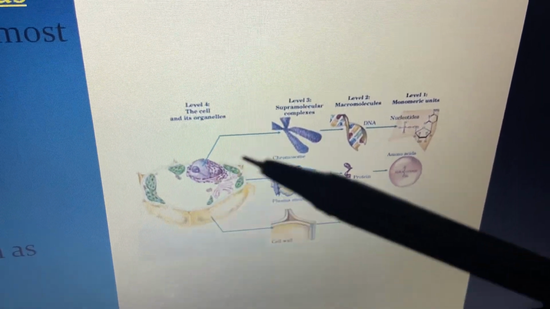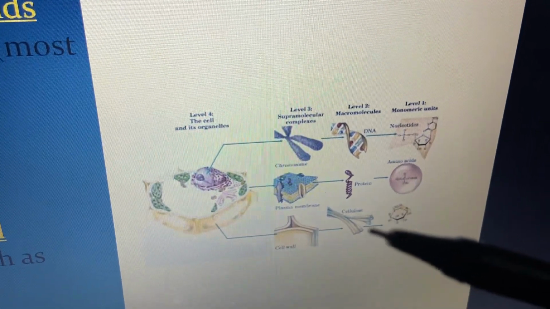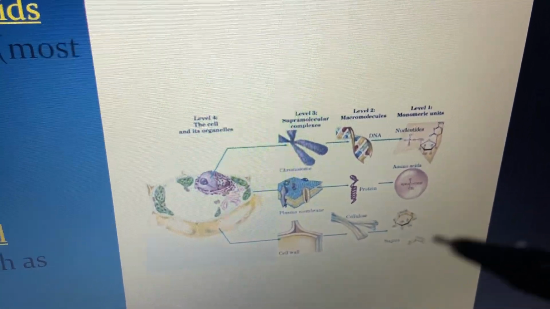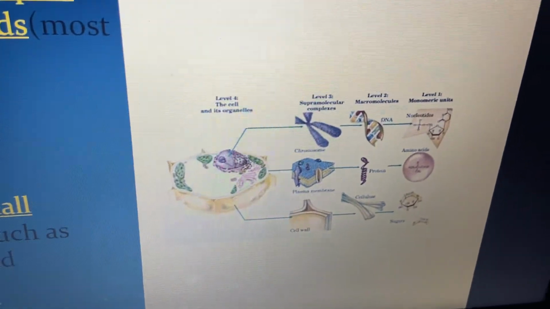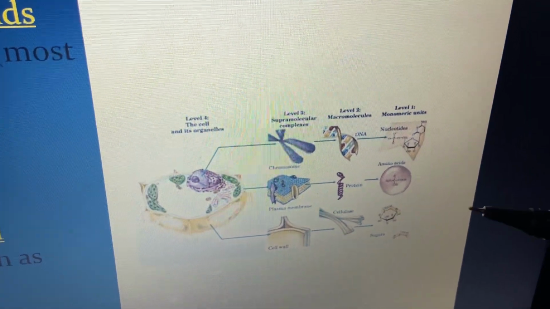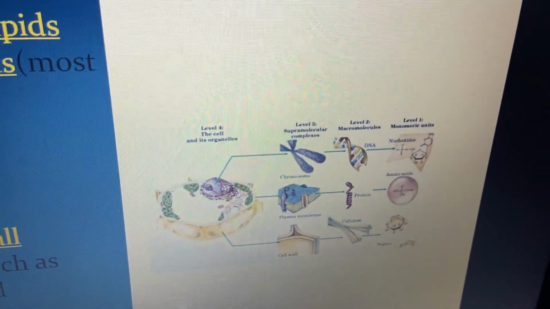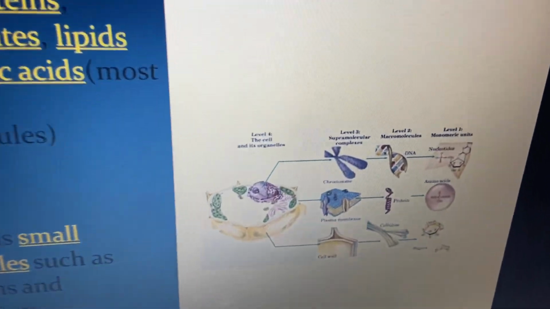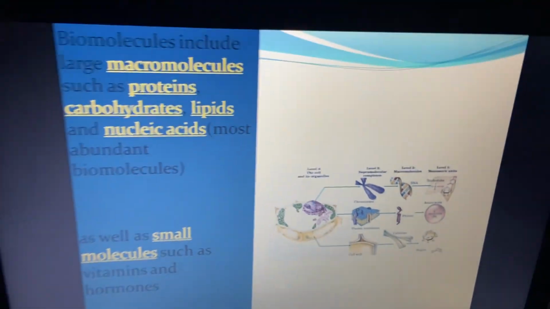The cell wall, in a plant cell, is composed of cellulose, and the basic unit is sugar. So you can see these carbohydrates, proteins, lipids, and nucleotides. These macromolecules play a very important role in a living cell.